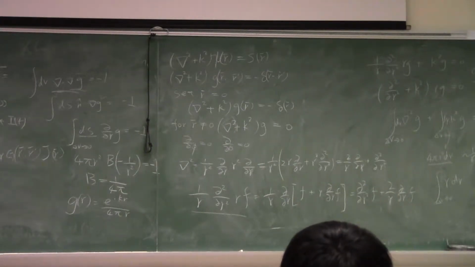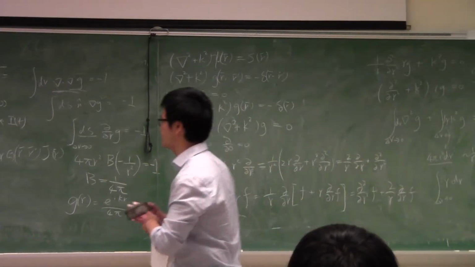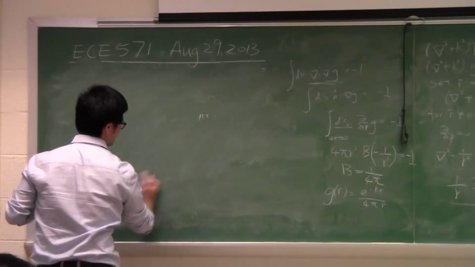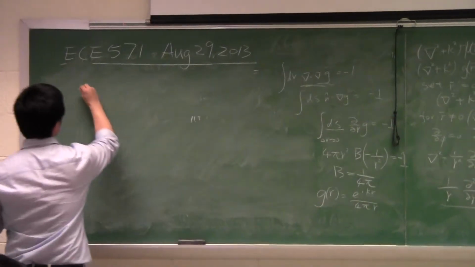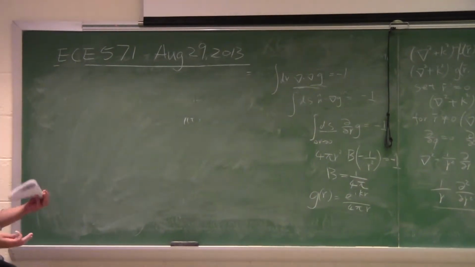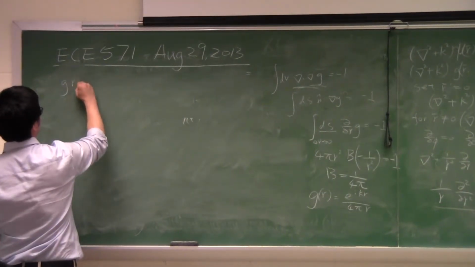But keep in mind that at the beginning we shifted the origin from r prime to 0. So we shift this back to r prime, because only the relative distance between r and r prime matters.